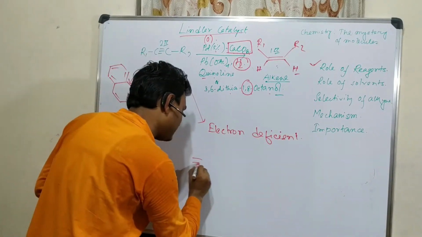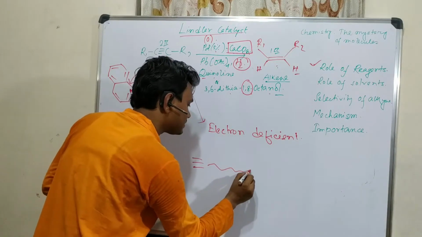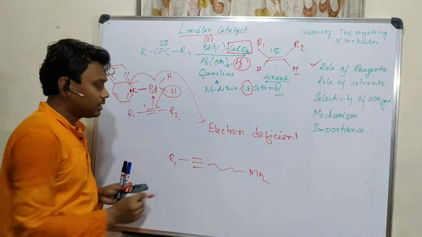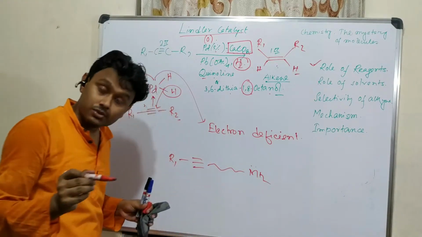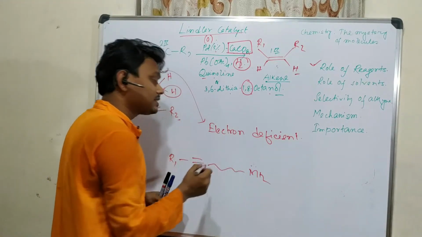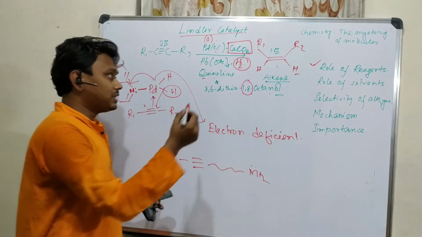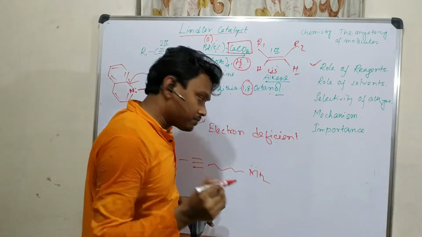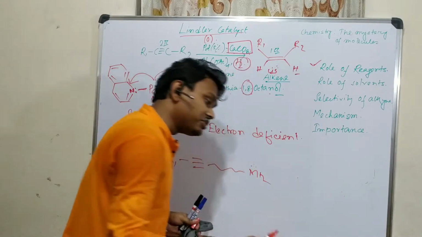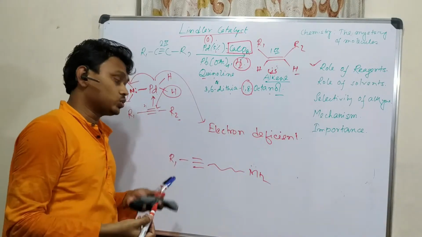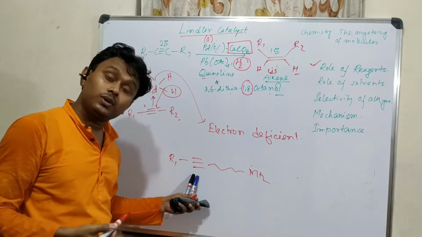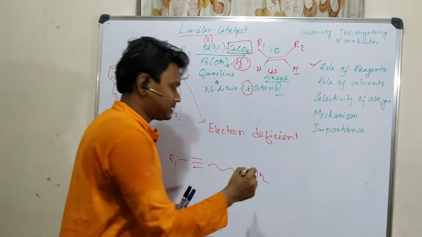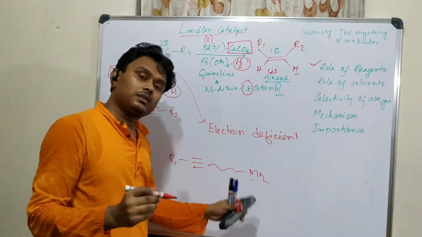For example, if the alkyne contains some NH2 group, then what will happen? Actually, NH2 will bind, and that affects the selectivity. Selectivity means the proportion of cis isomer reduces and trans improves. So in such cases, what is the solution? The solution is addition of amine previously such that it can't affect that much.